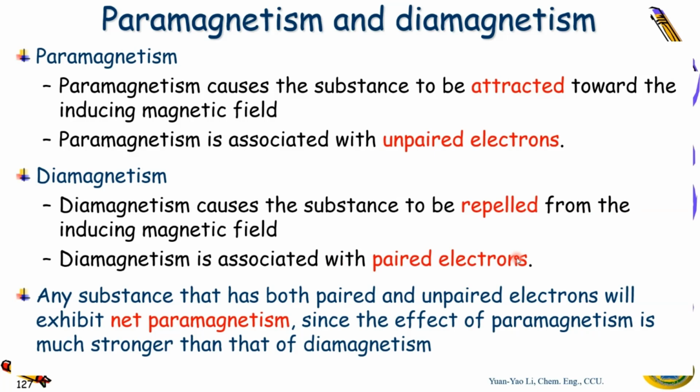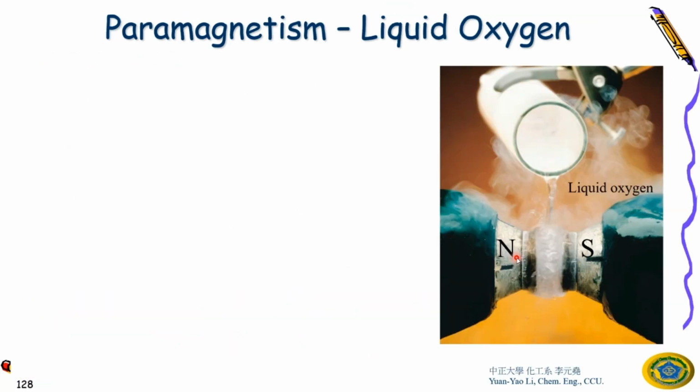Some of this information, please read by yourself. Here is a very interesting experiment on the paramagnetism of liquid oxygen. How do you produce liquid oxygen? You put oxygen gas into liquid nitrogen, and it becomes liquid oxygen.